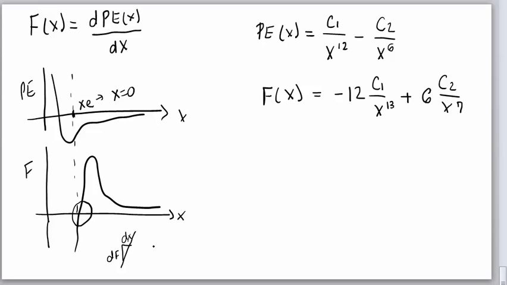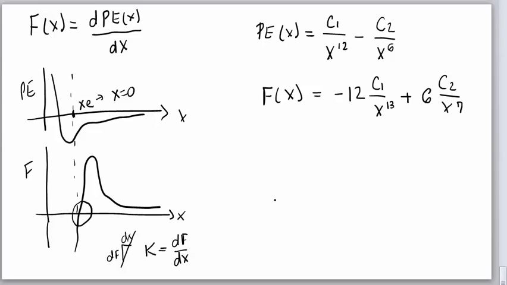The slope of that line gives us k, our spring constant, so k is df dx. Around that x equals 0, whether the spring is a little bit compressed or a little bit elongated, that's a linear force in that area, and our k is going to be df dx there.